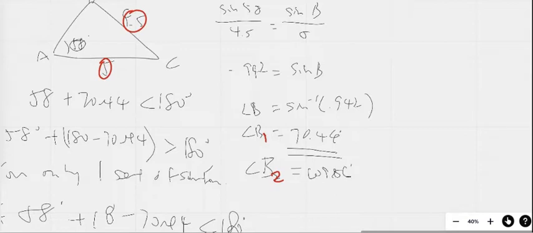And you also need to get the C angles, in which you also have two sets of solution, angle C1 and angle C2. Angle C1 will be 180 minus 70.44 minus 58, which will be 51.56, and C2 will be 180 minus 109.56 minus 58, which will be 12.44 degrees.